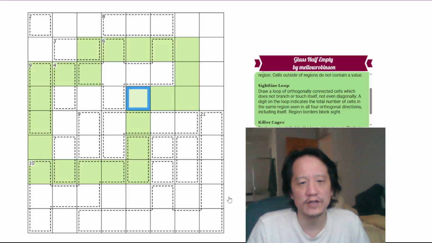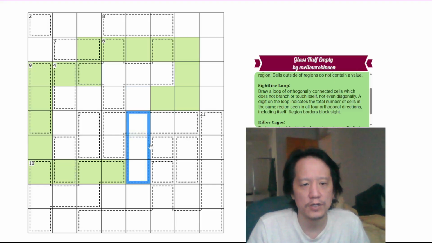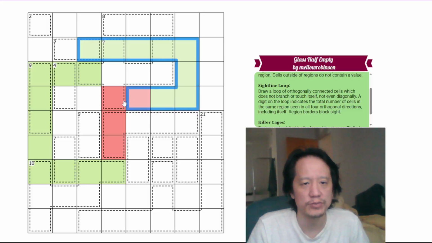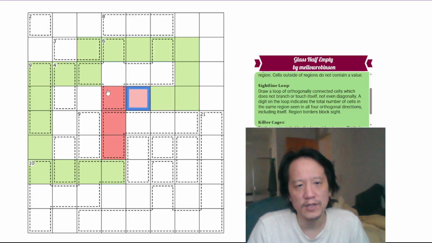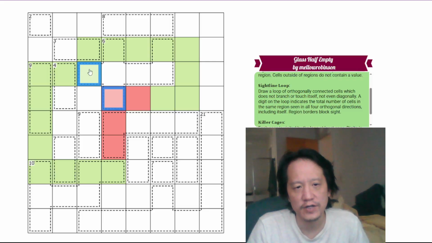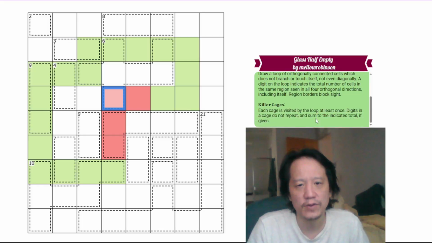So this is a valid loop. This, however, is not, because it would be sharing a corner with a cell which is not a neighbor or which does not share a neighbor on the loop. And that would be considered touching itself orthogonally.